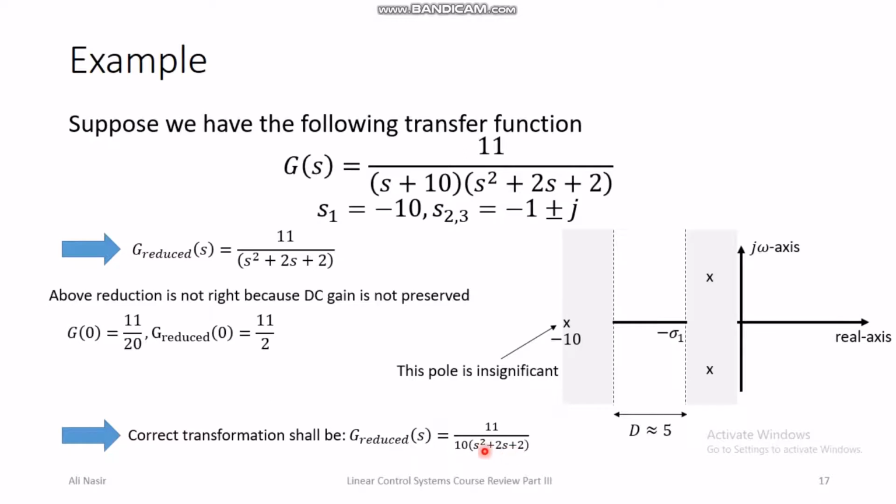Now if you put s equal to 0 in this system, the DC gain will be 11 over 2 into 10, which is 11 over 20, which is the same as the DC gain of the original system. Now this is the second order approximation of this system, which is more similar to the original system.